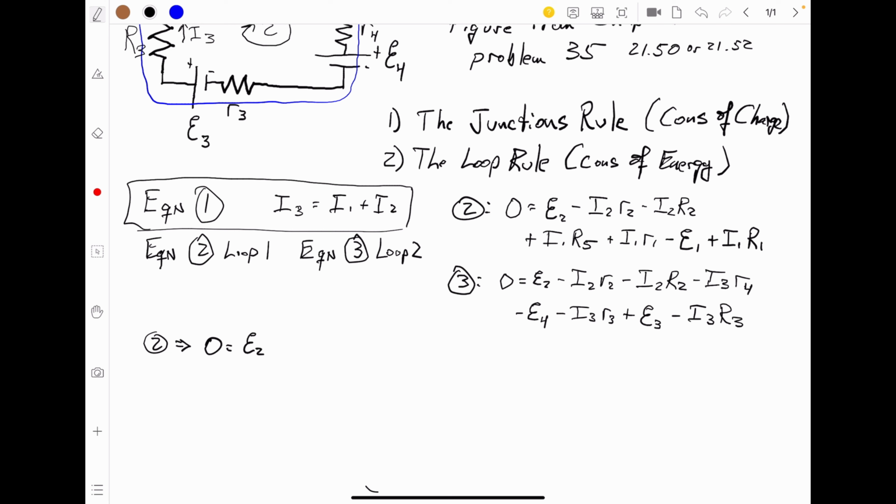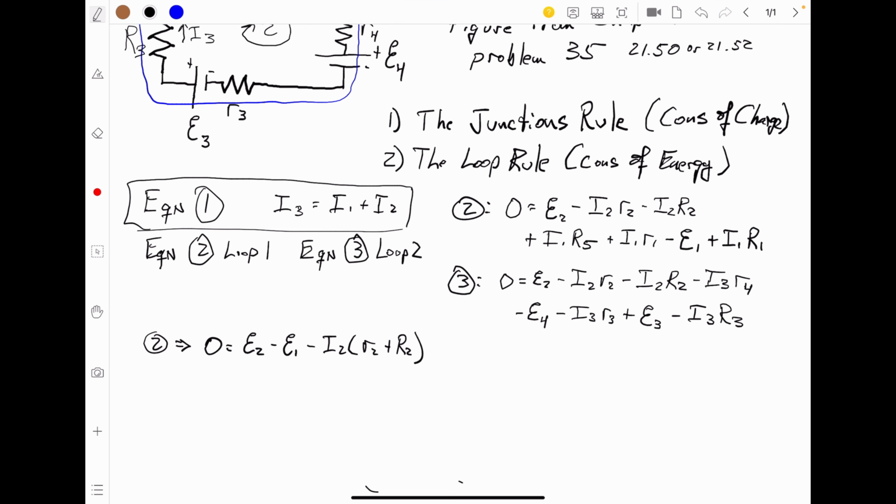Let's put all the epsilons together, all our EMFs together. So we've got epsilon 2 minus epsilon 1, and EMF 2 minus EMF 1. All the I2s we can put together. So we're going to subtract off all the I2s times whatever they're multiplied by. So there's the little r2 plus big R2.